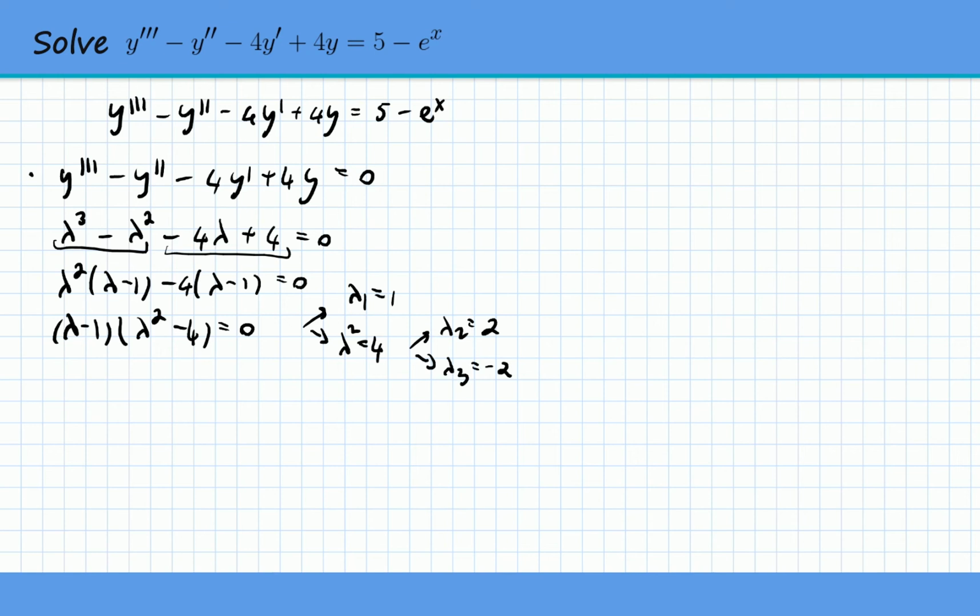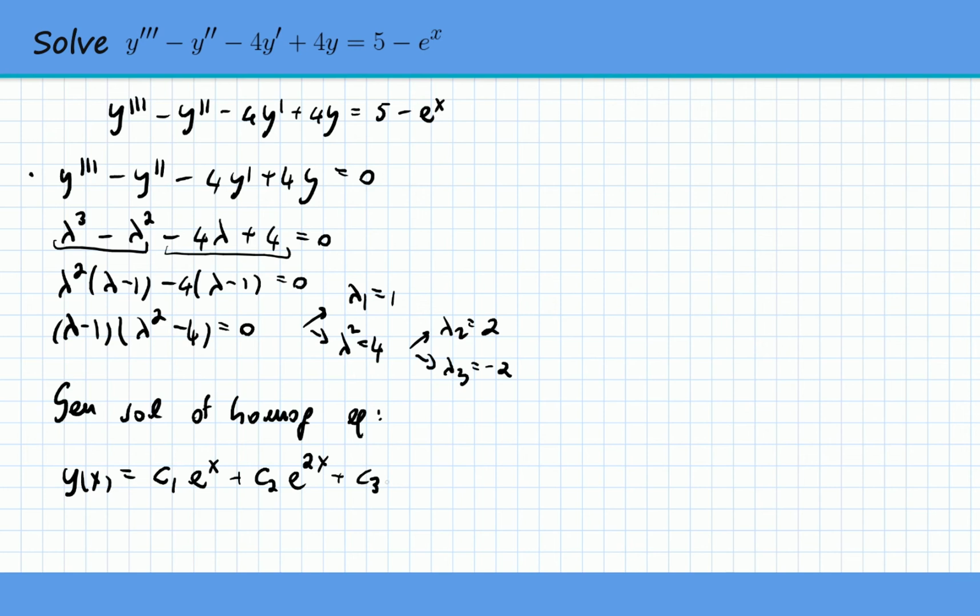So we have three distinct real solutions, and therefore the general solution of the homogeneous equation is given by y of x equals c1 e to the x plus c2 e to the 2x plus c3 e to the minus 2x, where c1, c2, and c3 are real numbers.